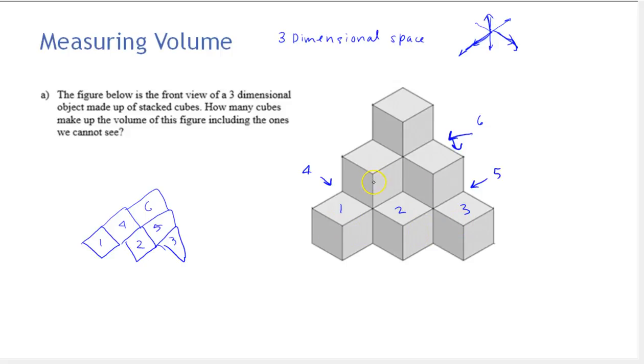Now if we look at the second row, there's 2 we can see, so let's label them 7 and 8. And now there's 1 underneath this cube that we can't see. We'll label that one 9, and this one on top is 10.